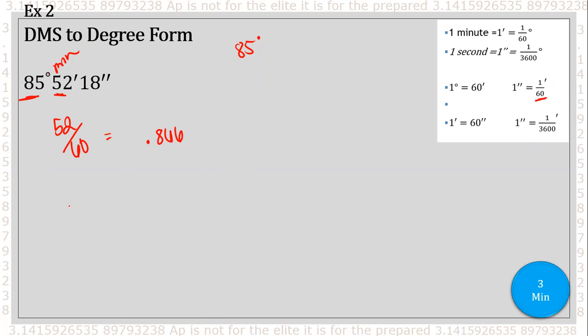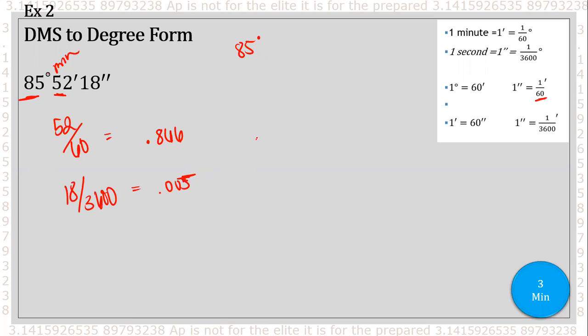That might change from homework to homework, but keep in mind it should ideally be the same. Then we have our division by 3,600. We simplify, and I got 0.005.